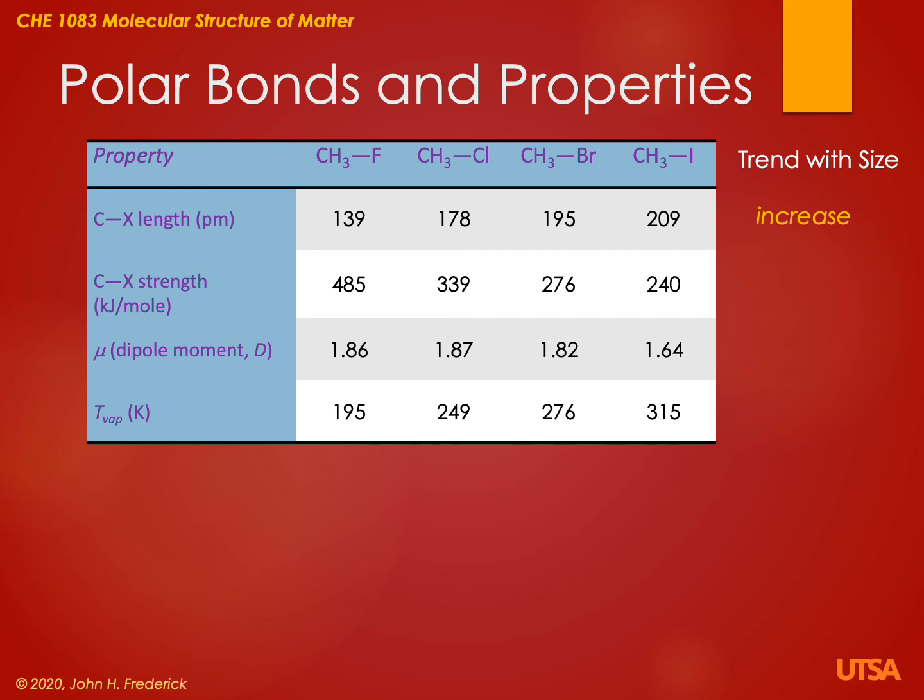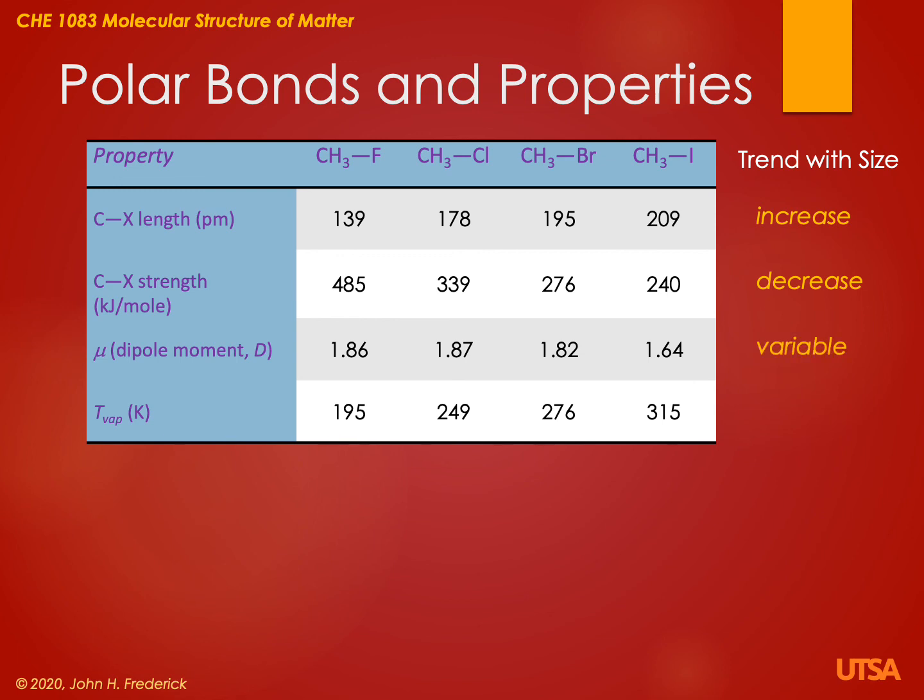Well, that's natural because iodine is the largest of these four and fluorine is the smallest. Their strength, though, decreases, and this is another reminder that the longer a bond is, the weaker it tends to be. Iodine is very large, so it can't make a very short bond with carbon.